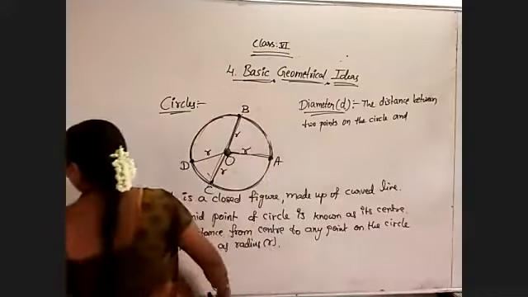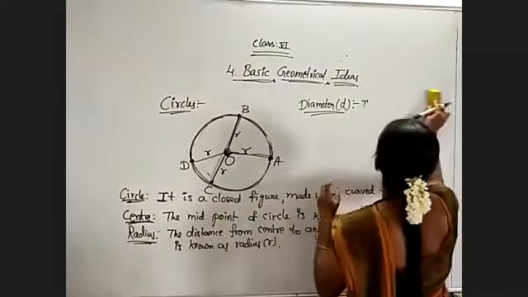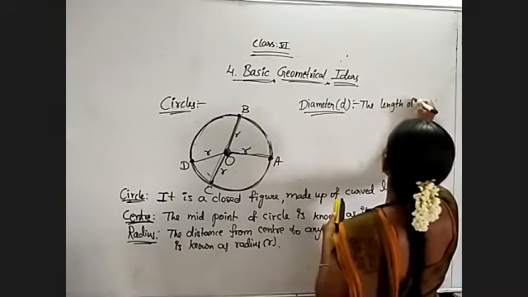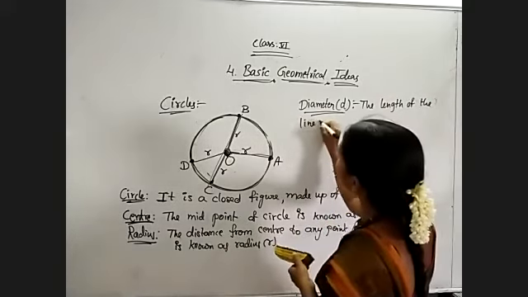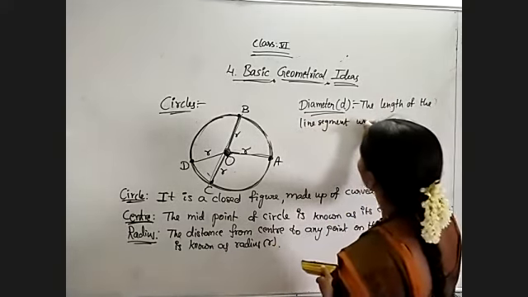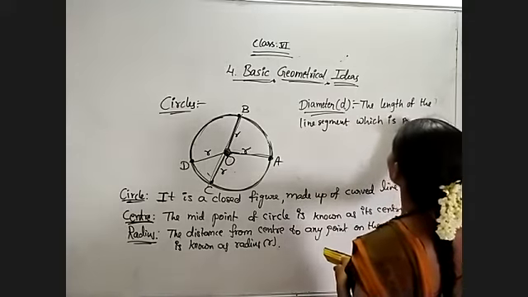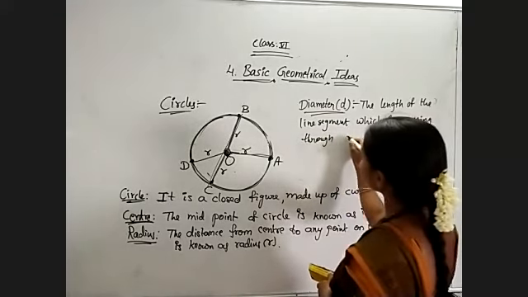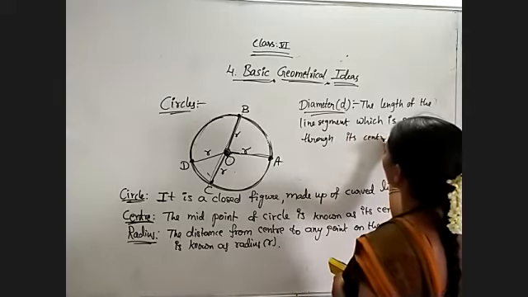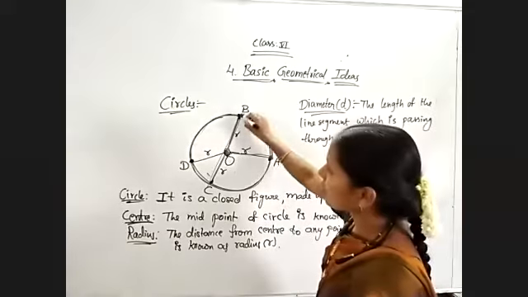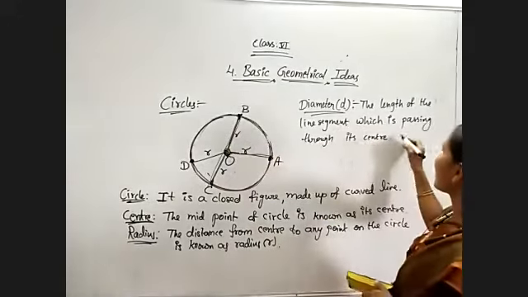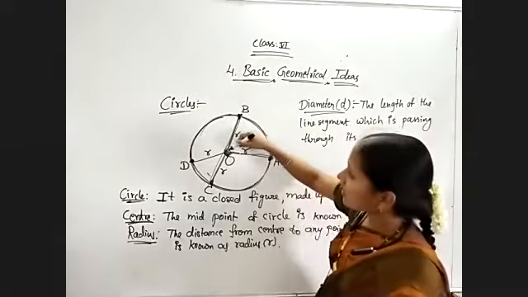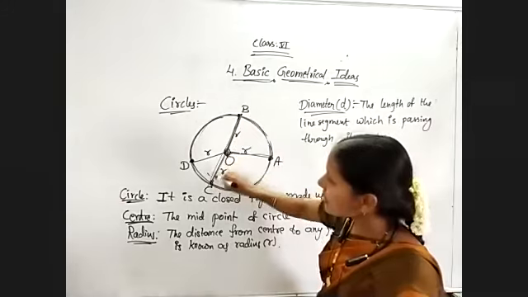So the length of the line segment which is passing through its center, with both endpoints on the circle, is known as a diameter. Actually, diameter is nothing but: see, from here to here is the radius, and this distance is also equal to r.